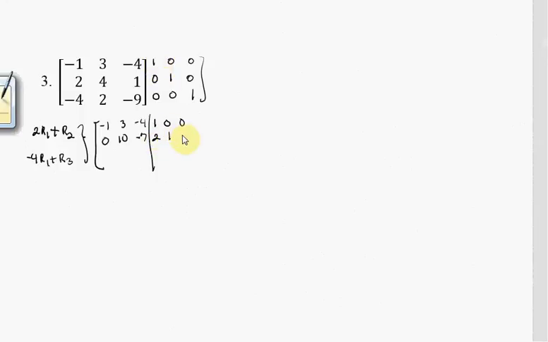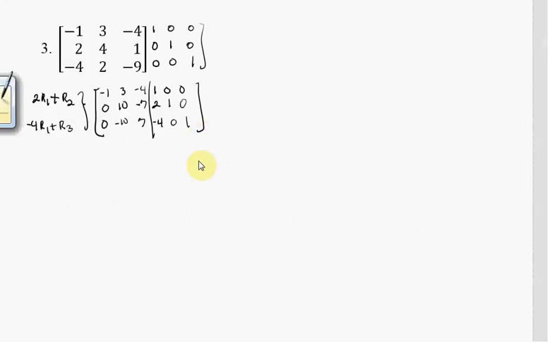It stays the same, and this stays the same. So -4 times the -1 gives us a 4, minus 4 is 0. -12 plus 2, -10. We get 16 here, minus 9. We get 7, and then we get here -4, 0, and 1.